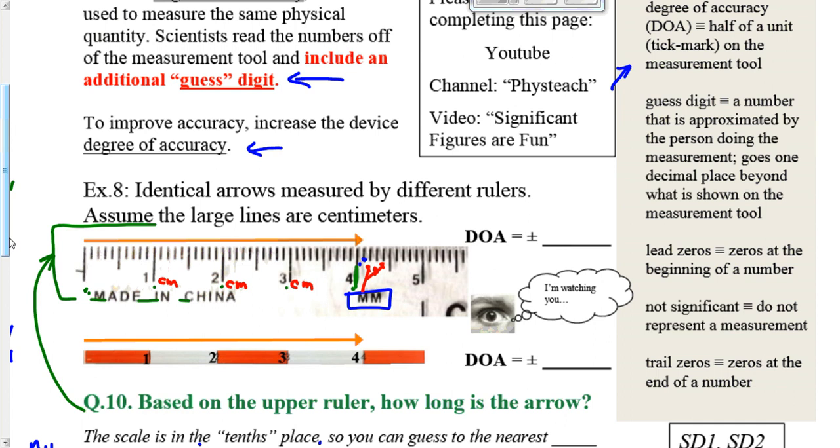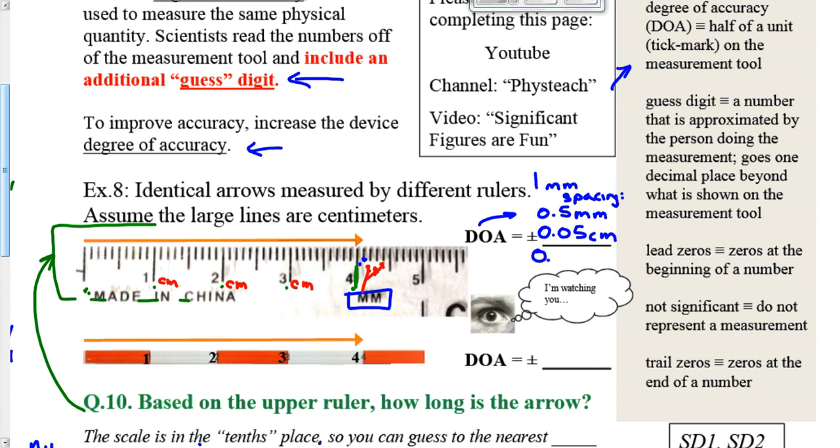Okay, so here, the degree of accuracy, if the little lines are 1 millimeter apart, so 1 millimeter spacing, cut that in half, that is 0.5 millimeter degree of accuracy. Now, you can turn that into centimeters. That would be 0.05 centimeters. We'll worry about those prefix conversions a little later on.